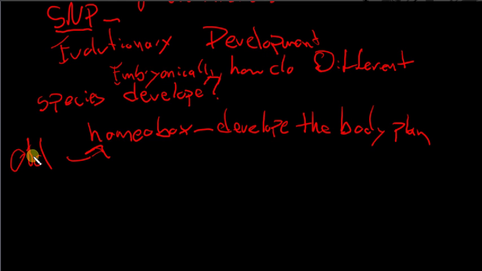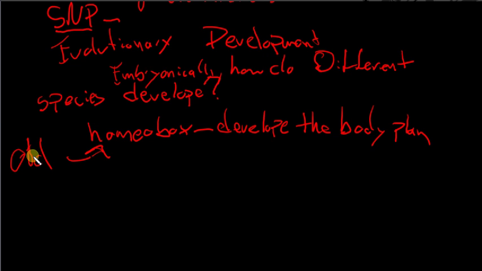So, genes between us and flies have remained near the same since we diverged from fruit flies. And these homeobox genes that are in charge of regulating how the different parts of the body develop have stayed near the same. Same ones have been found in yeast or in plants.